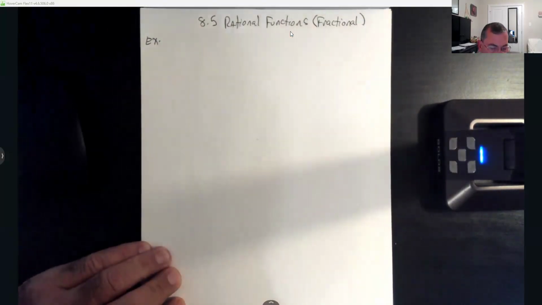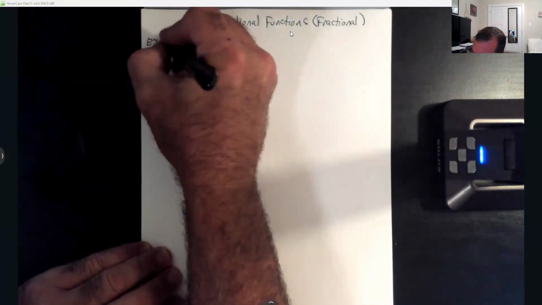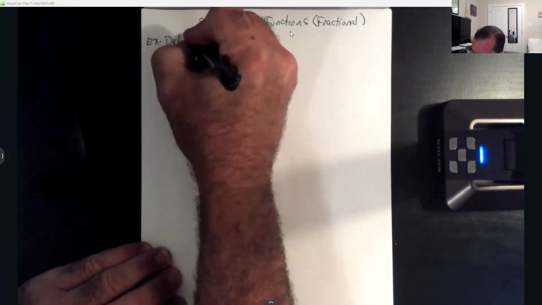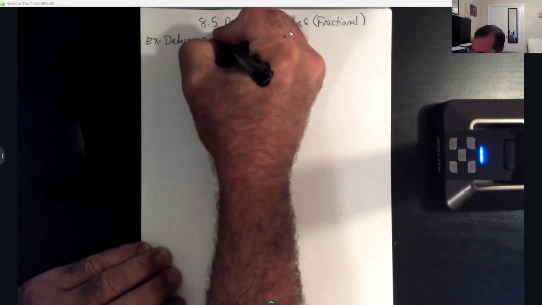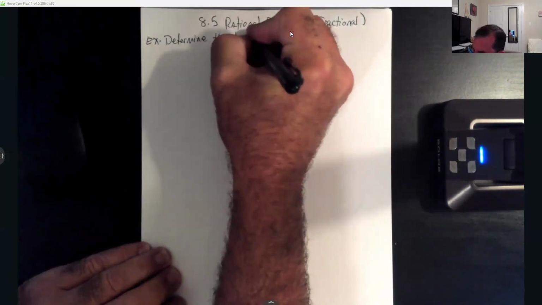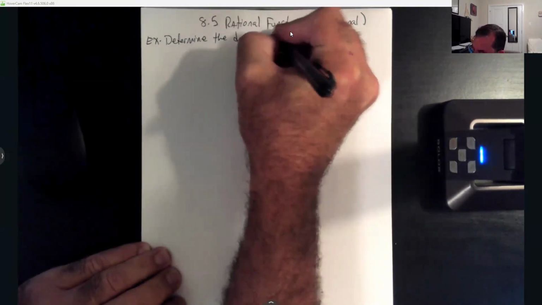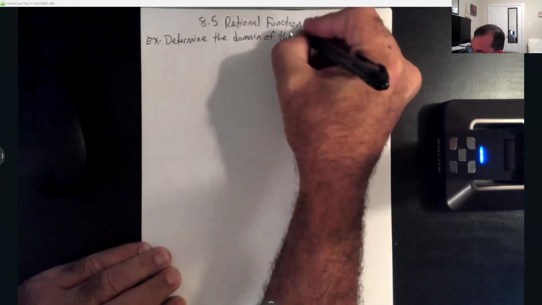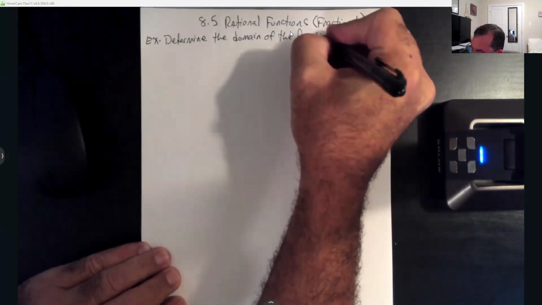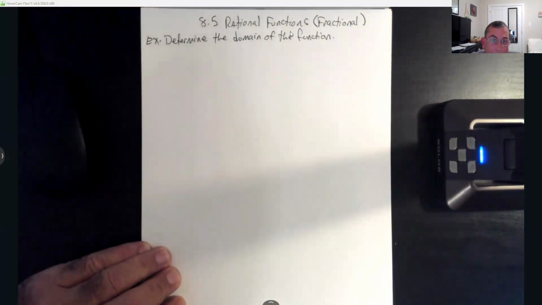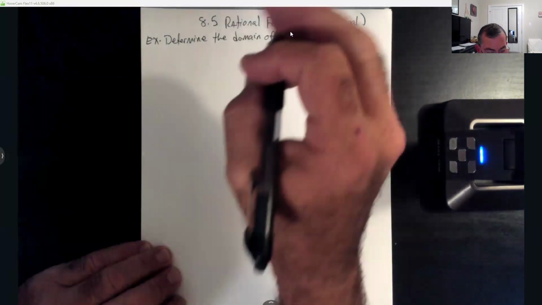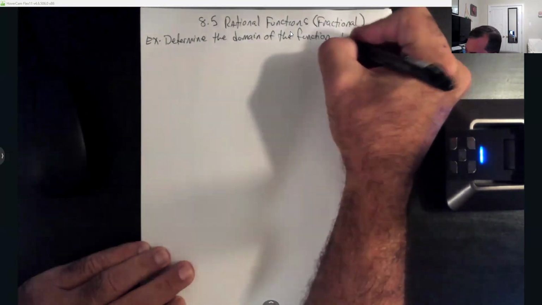The first two want us to determine the domain of the function. And like I said, on these two, they want us to type the answer in interval notation.